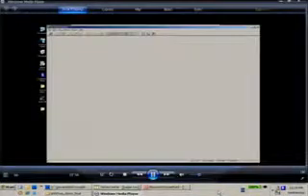Let's open this crash dump in the Windows debugger. Here we go. Take a look at the trap frame contents.